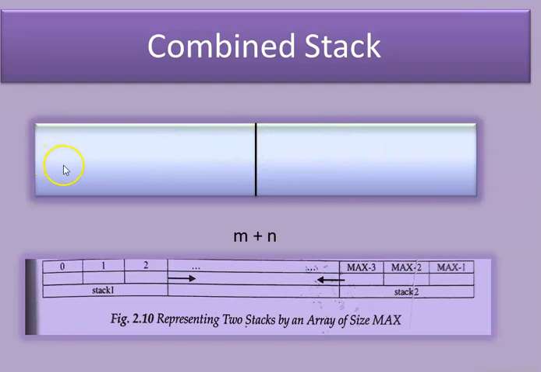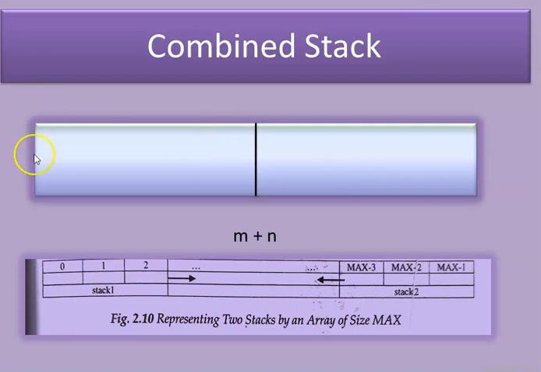The elements of stack A will be stored here, elements of stack B will be stored here. One way of representing them together is like this. After completing the elements of one stack, we will begin the elements of the other stack. So from 0 to 4, because 5 elements are there in stack A, the elements of stack A will be occupied, and from 5 to 10, that makes 6 elements, stack B will be occupied.